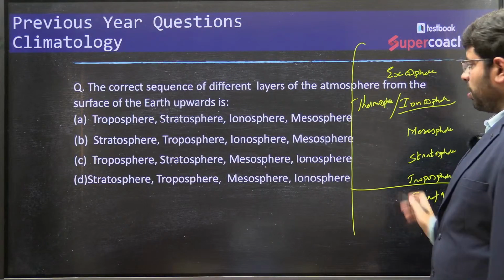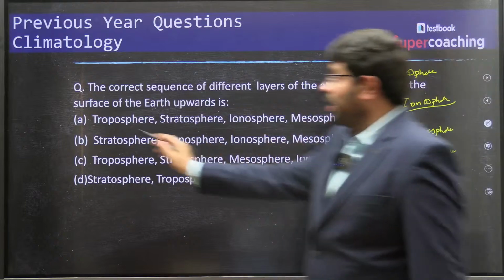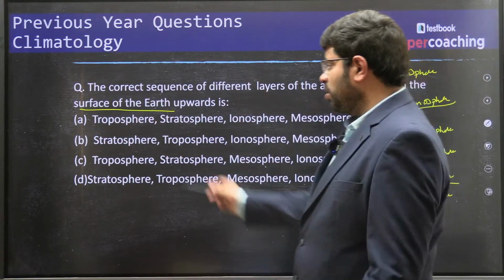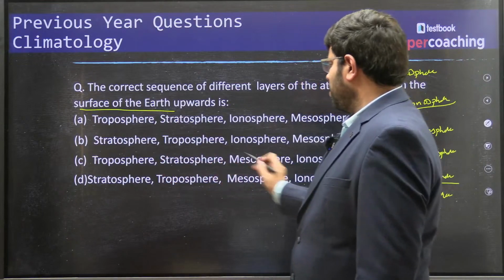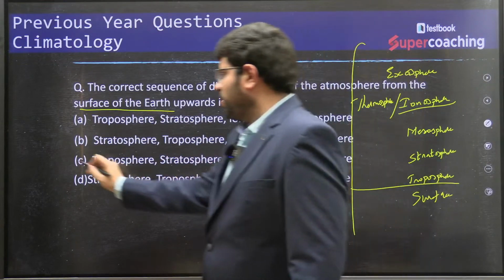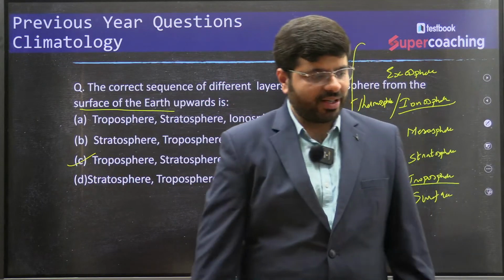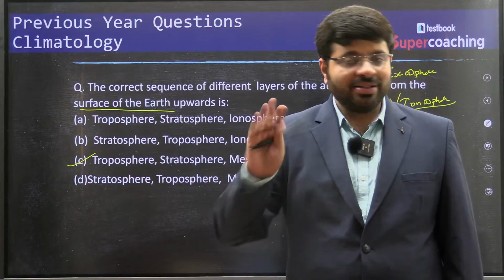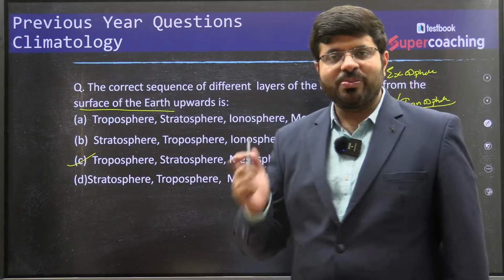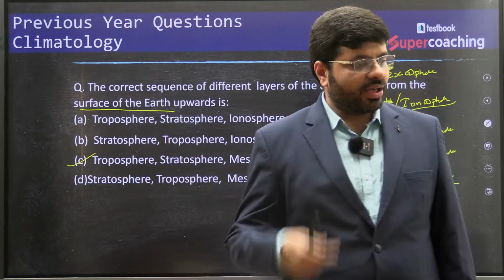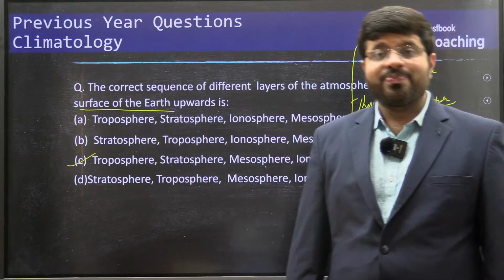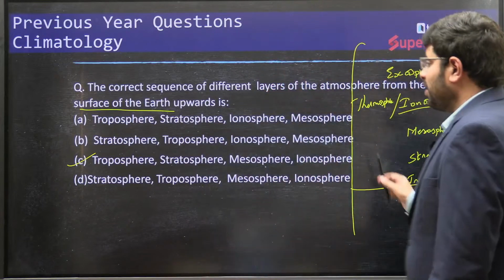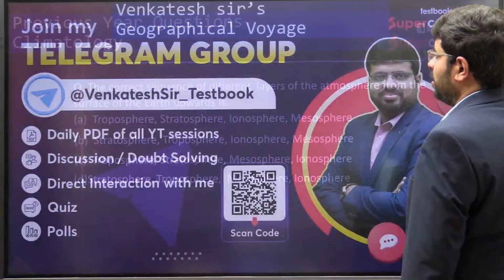They are asking from the surface of the earth, moving up from the surface. So the answer should be the first one: troposphere, stratosphere, mesosphere, ionosphere. Can you do blunders in these kinds of questions? You cannot. You are supposed to get clarity about these questions and get them right. So this is the correct answer.